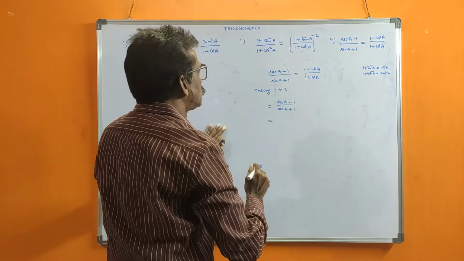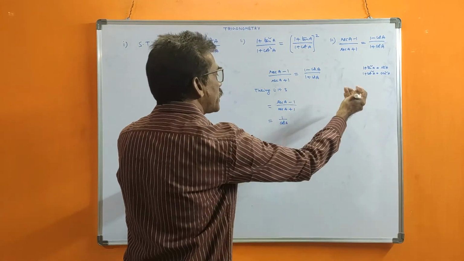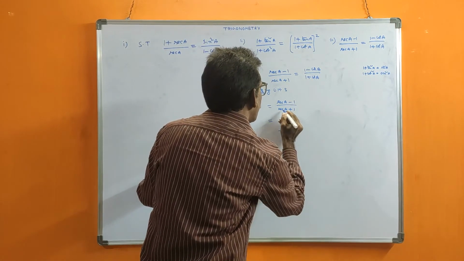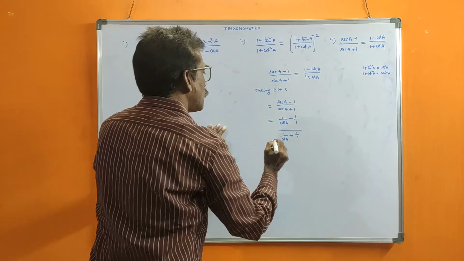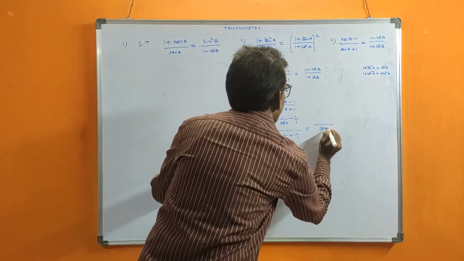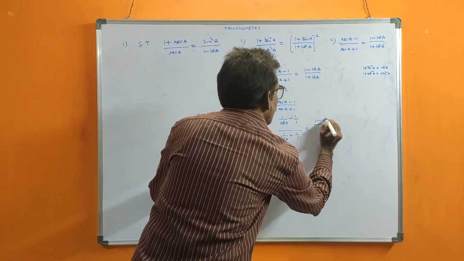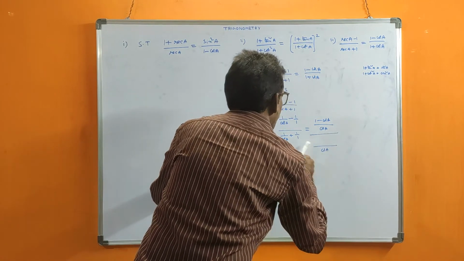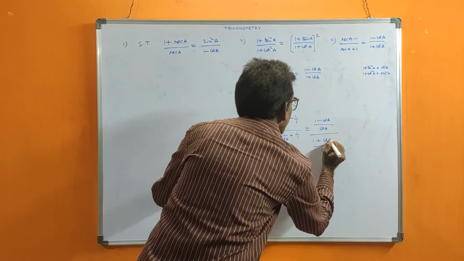We know secant A is reciprocal of cos, so we write 1 by cos A minus 1 by 1. Down also, secant A is 1 by cos A plus 1 by 1. Now here the LCM is cos A: 1 minus cos A into 1 is cos A, over cos A, and down also cos A. Cos A cancels.